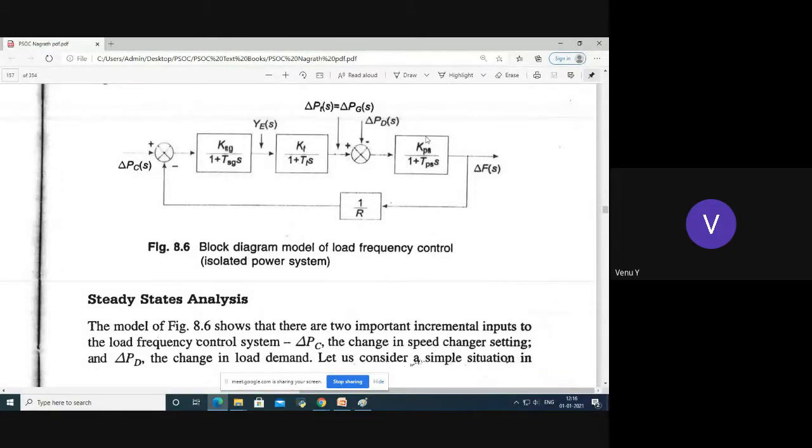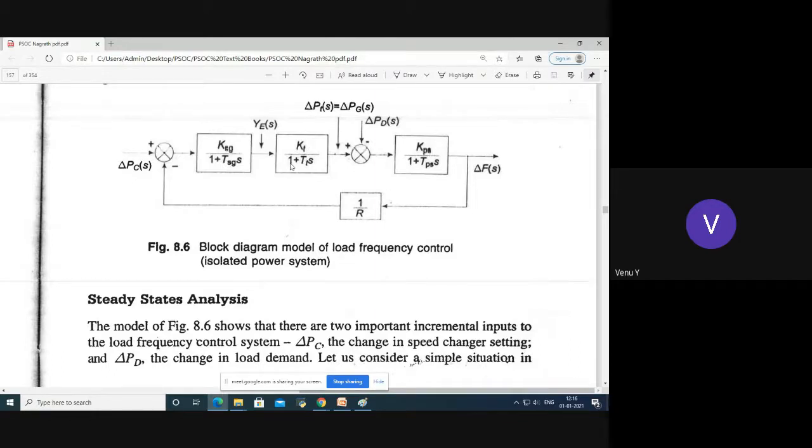And KPS is the power system gain, generator gain. And TPS is the time constant of the generator load model or power system. Typically KPS maybe 100, TPS maybe 20 seconds. Compared to TPS, TT and TSG both are very low.